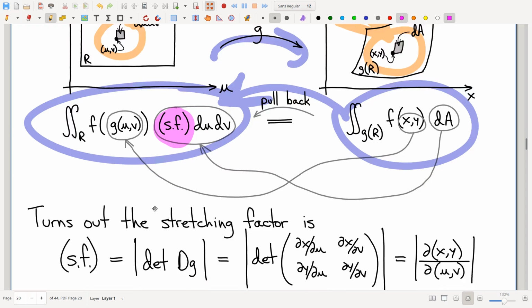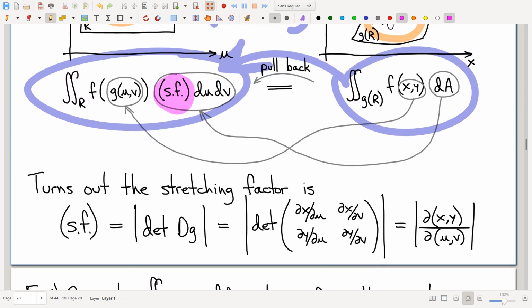I guess the last thing that I did is write down the formula for the stretching factor, and it's the absolute value of the Jacobian determinant. Keep in mind, the word Jacobian is an alternative terminology for the derivative matrix, right? So Jacobian determinant just means the determinant of the derivative matrix.